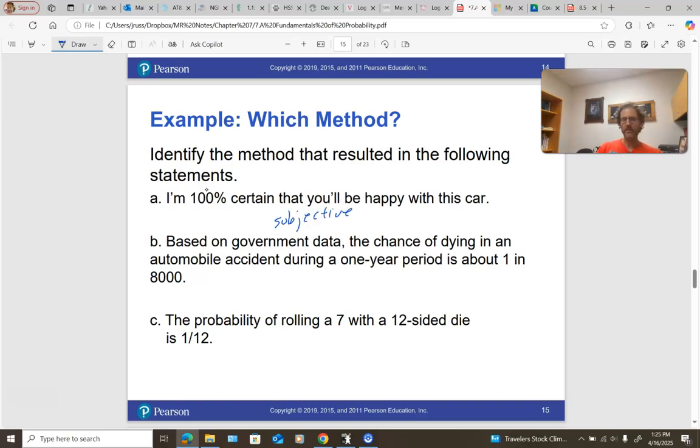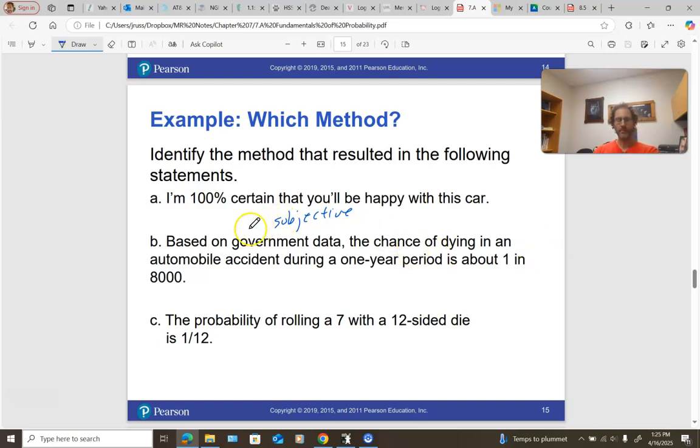And this might be based on this person's experience. Maybe the salesman has sold 100 of these cars, and he or she hasn't received a single complaint. So from that, he or she concludes that the next customer that I sell this car to is pretty likely to be satisfied with the car.